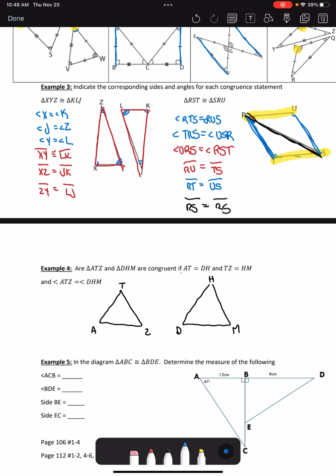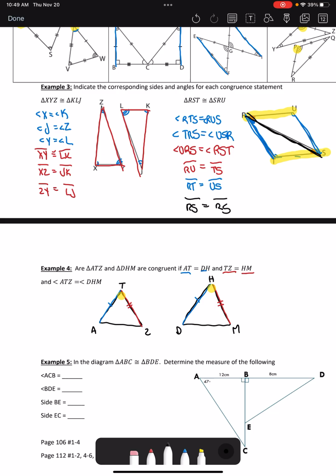So it's saying side length AT is equal to side length DH. So those are equal. And then side length TZ is equal to HM. So I'm going to use 2 slashes. Those are equal. And then it's saying angle ATZ, which would be right here, is equal to DHM.